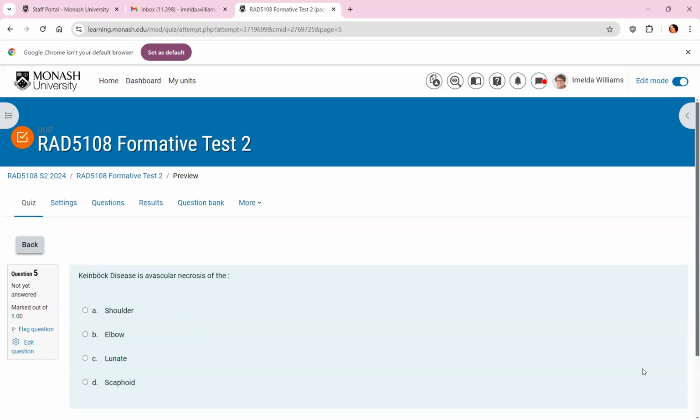So the next one is related to avascular necrosis, and the one that's listed here is Kienbock's disease, and Kienbock's disease is AVN of the lunate. Remember to review the other areas as well where you will find avascular necrosis.